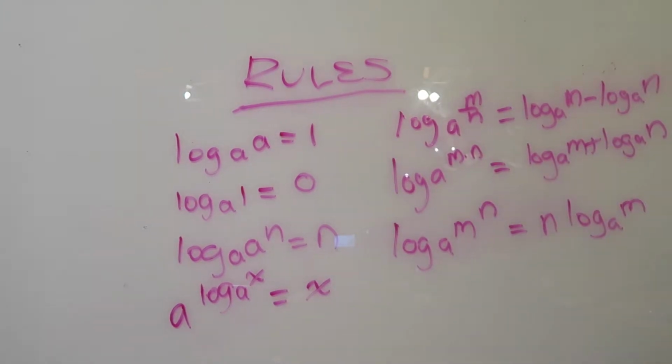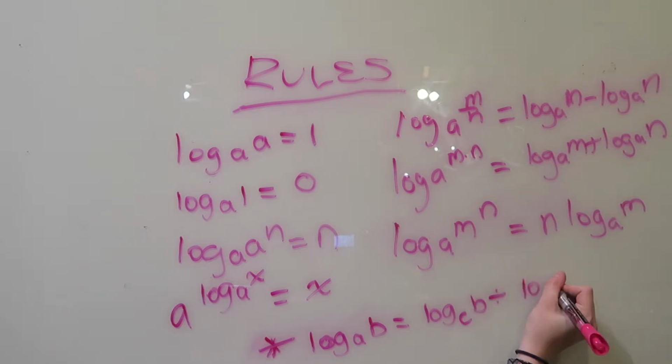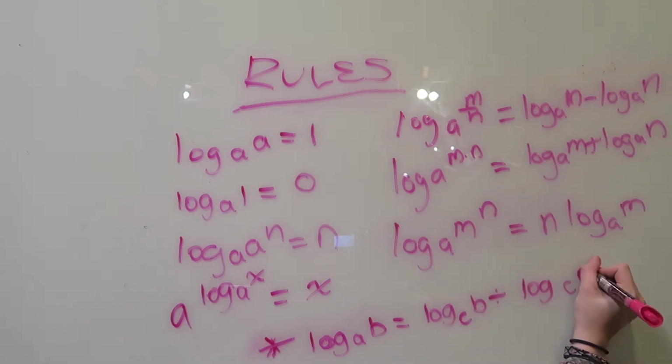But sometimes you may need to change the base of the log. To change the base, use this formula. Log base a of b is equal to log base c of b divided by log base c of a. This is still the same as before, but the base has now been changed to the number that you require.